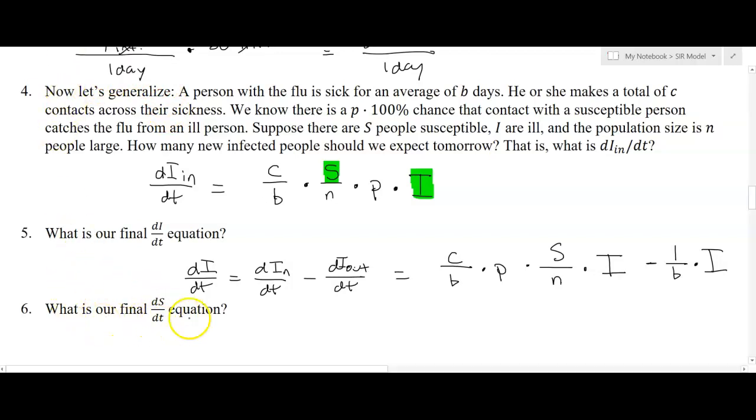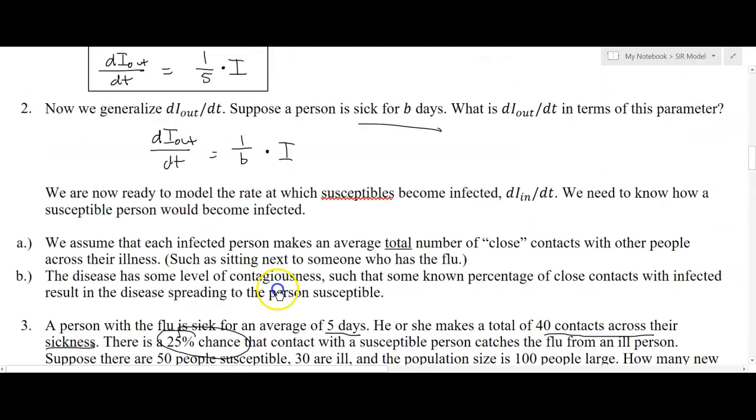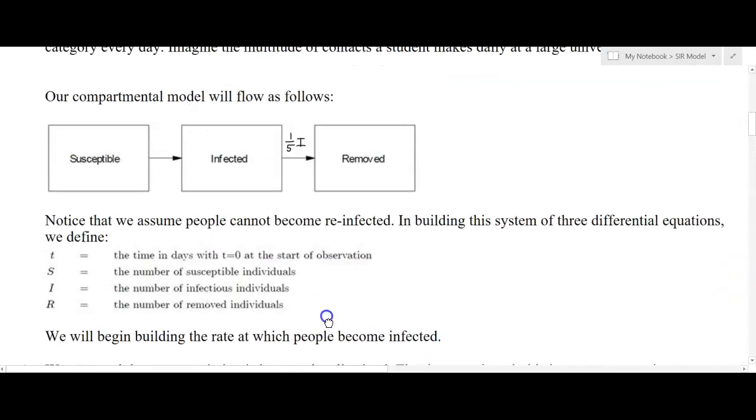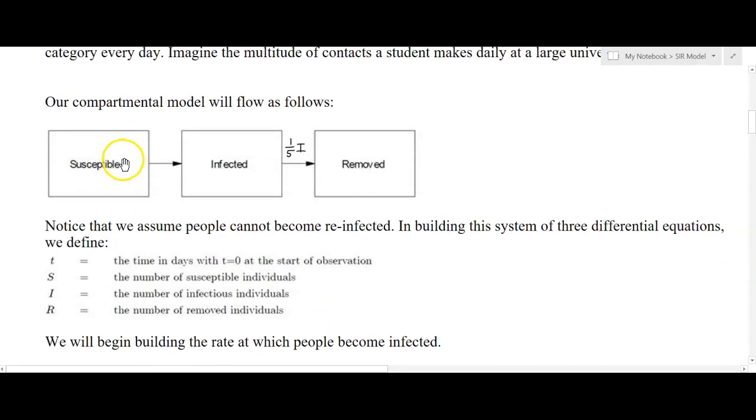Now what is our final dS/dt equation? Well, let's think about this. Our compartments basically say that what comes out of the susceptible group is exactly what goes into the infected group. So dS/dt does not have a dS in because people are not becoming susceptible. They either start susceptible, but they cannot become susceptible later because the trickle goes from susceptible to removed. So this right here is precisely dI in/dt.